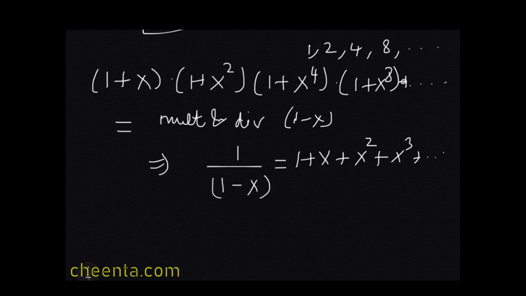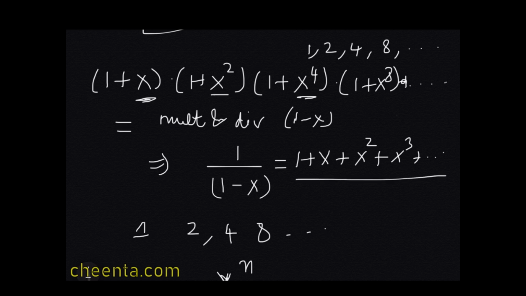In order to prove that there is only one unique representation, now we'll put meaning to the objects. What does x from this factor mean, and what does x square from that mean, x power 4 from this mean? 1 means picking nothing. An x means I am picking 1, an x square means 2, x power 4 means 4, and x power 8 means 8. So for the coefficient of x power n in this product of infinitely many polynomials, each has only one coefficient 1.